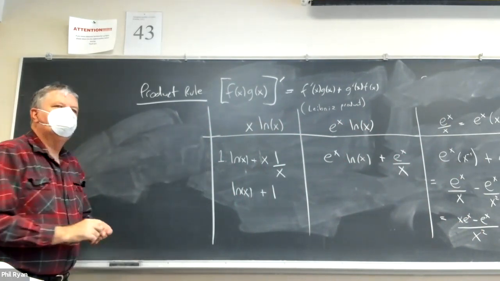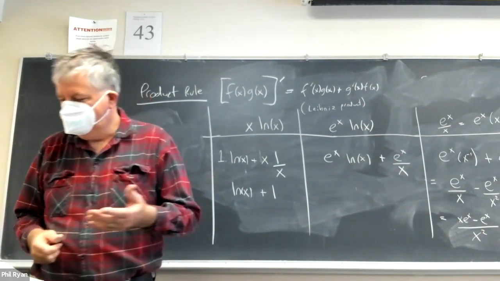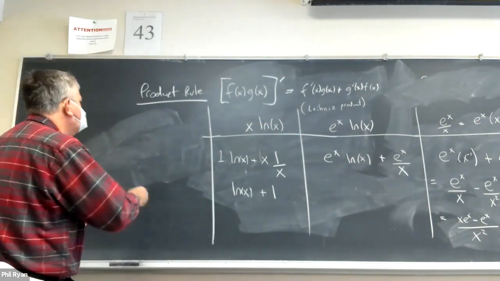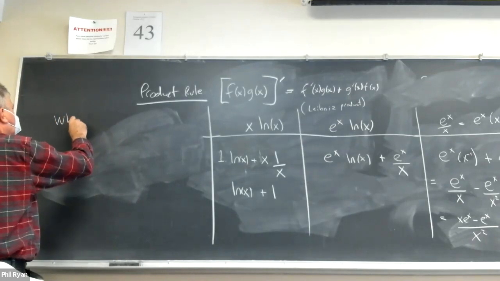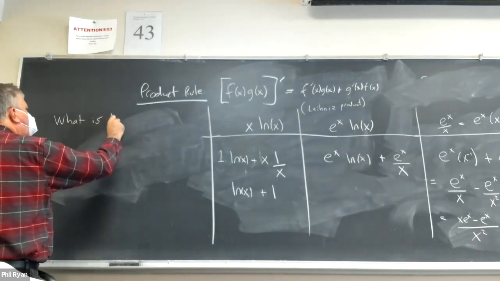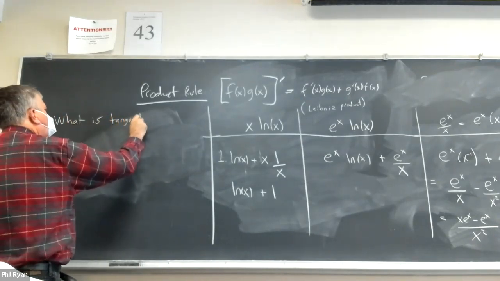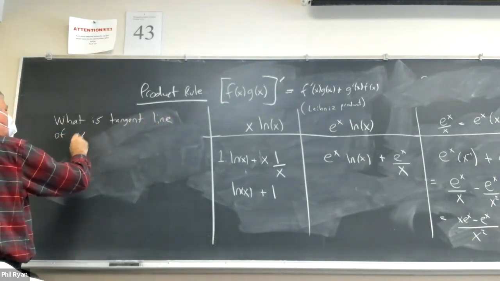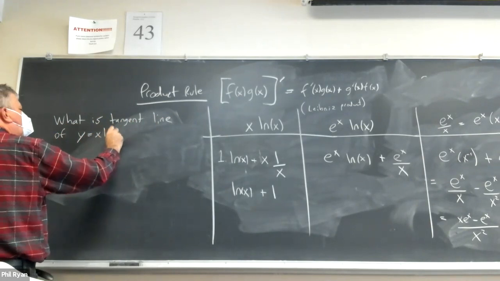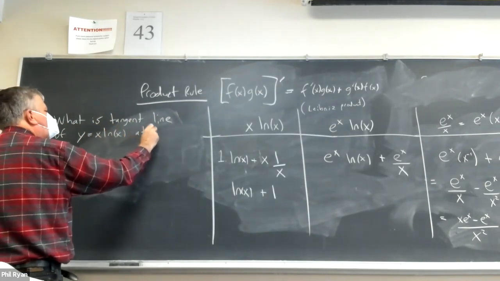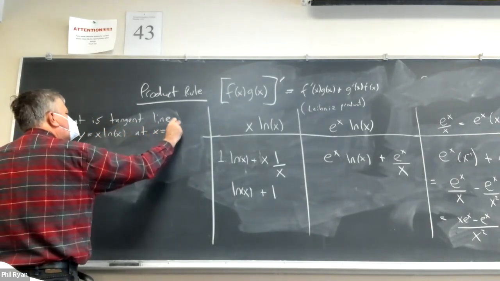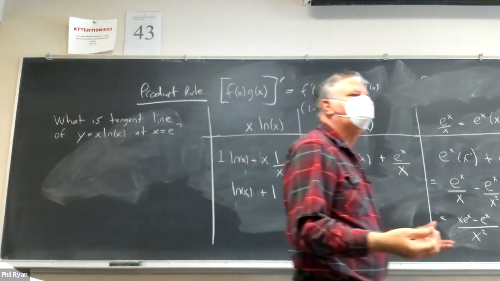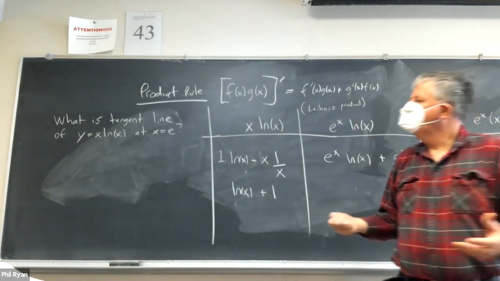I can ask you typical kind of questions like, what is the tangent line of y equals x ln of x at x equals e? That's a really typical problem I ask, isn't it?